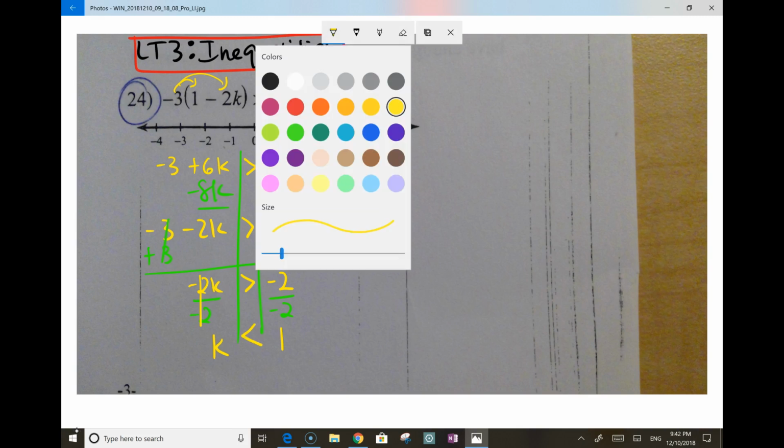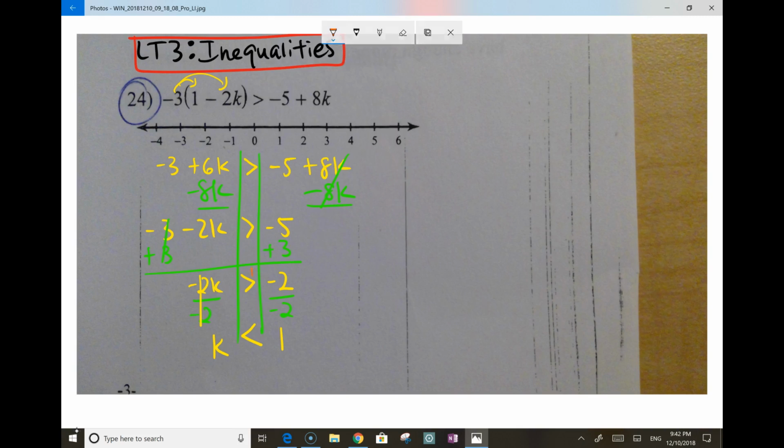So before, it was greater, but it has now changed into less than. And there are reasons for this. It's not something that I encourage you to simply memorize. There is a logical, rational explanation for why this happens.